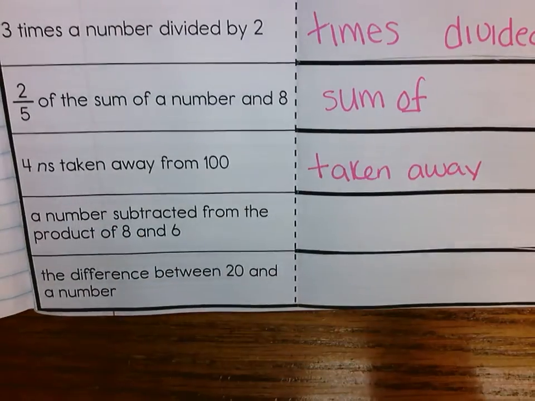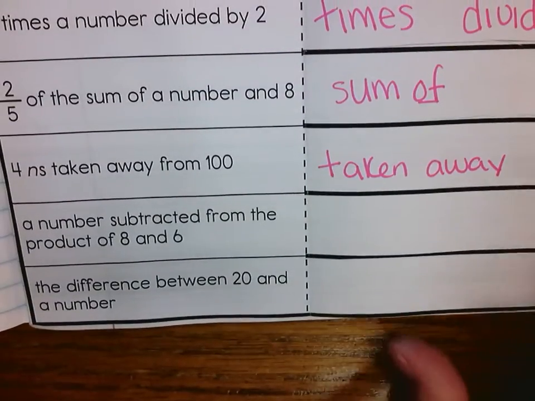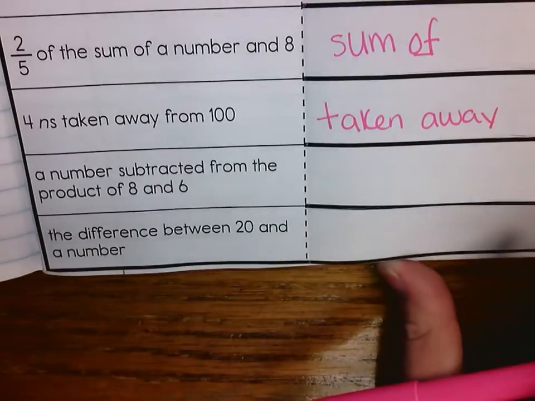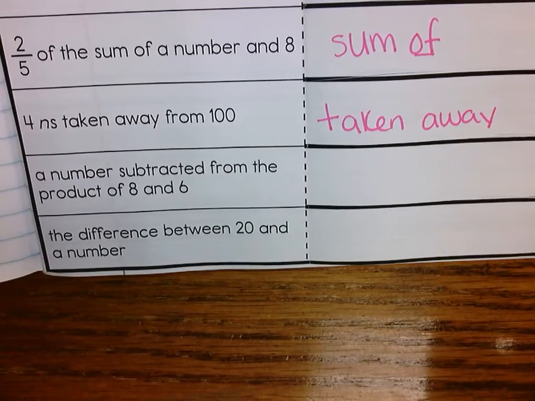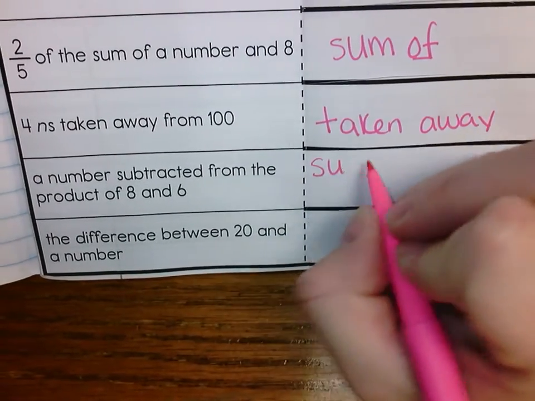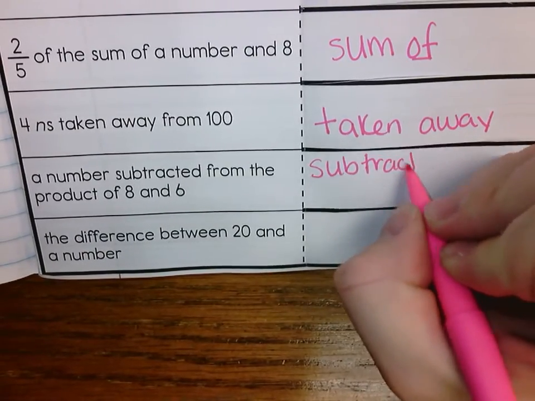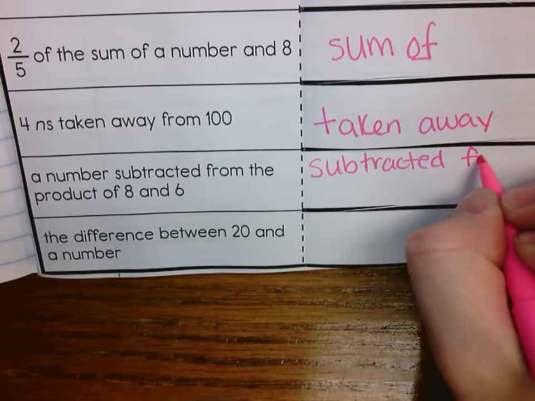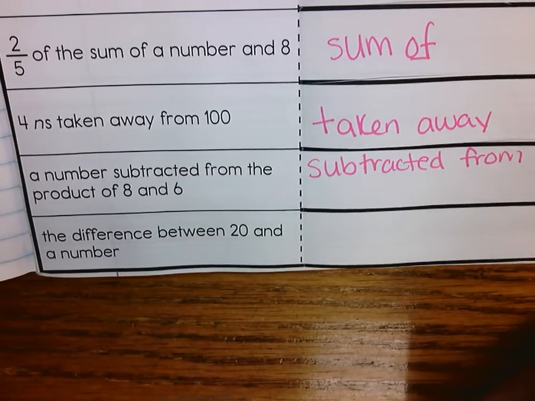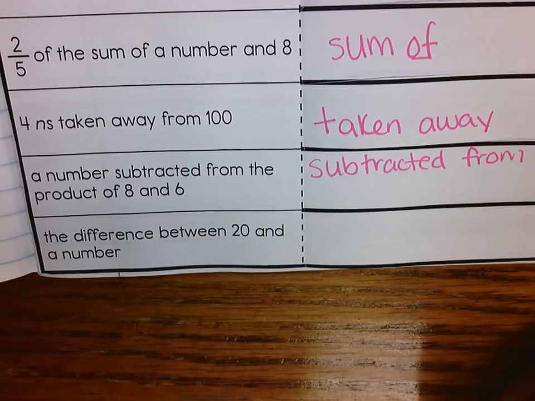Okay. Our next one is a number subtracted from the product of 8 and 6. Okay, so I've got the word subtracted from, so that's just like the take away from. That's the ending to my problem.